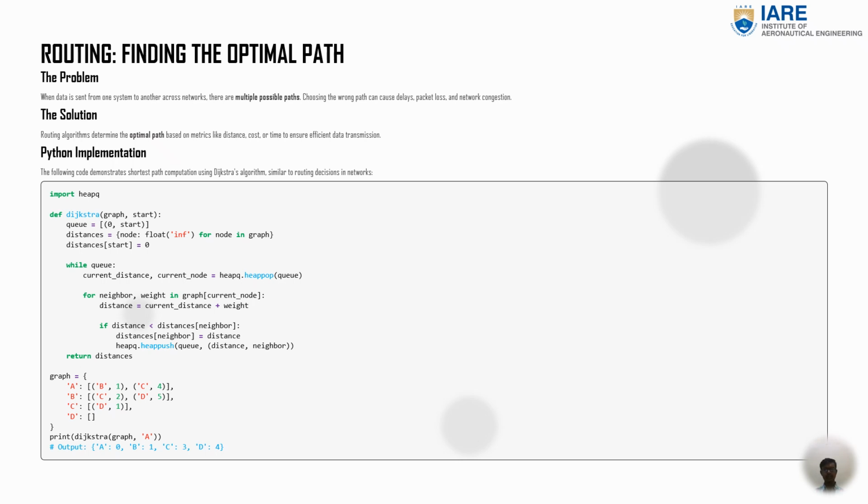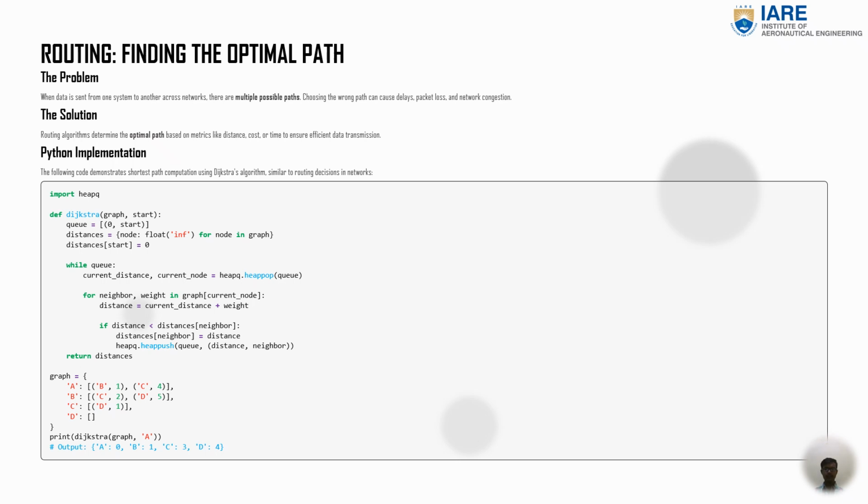That's what we are initializing here, which means creating a dictionary to store shortest distances. Initially all nodes are infinite and the start node is 0, which means we don't know the distances yet, except the starting node.